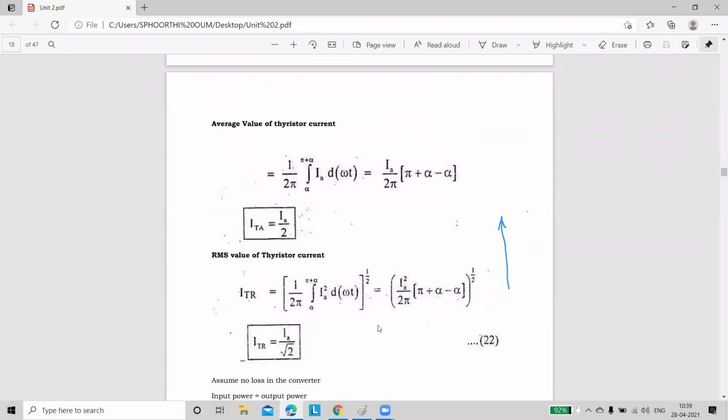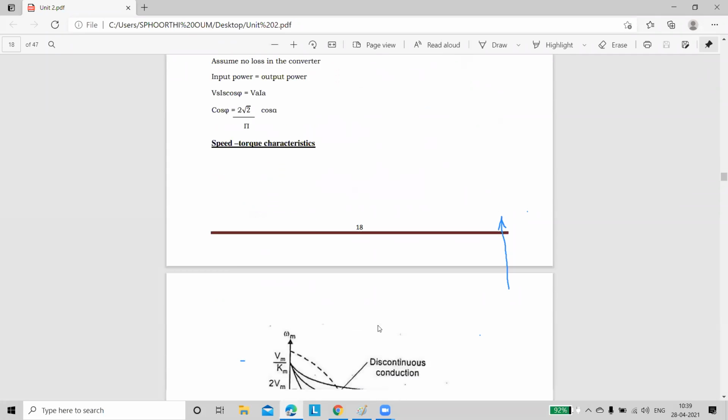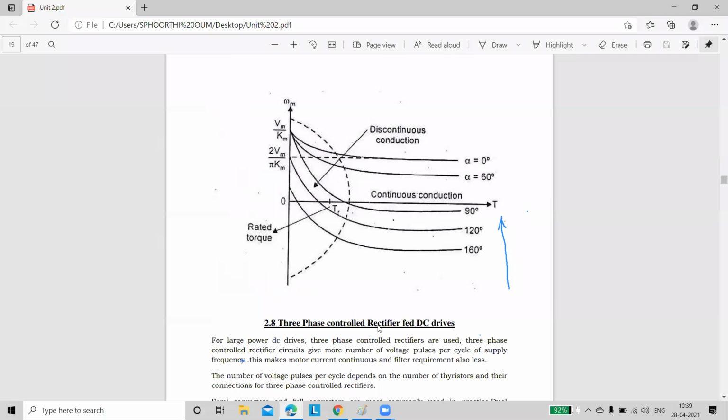And please say to me, is it a 1 quadrant operation or 2 quadrant operation? By seeing the waveforms, you can tell me. Just wait, I will complete in just 2 minutes. Then I will clear your doubts. Just seeing the waveforms, please tell me whether it is a 1 quadrant operating drive or a 2 quadrant operating drive.